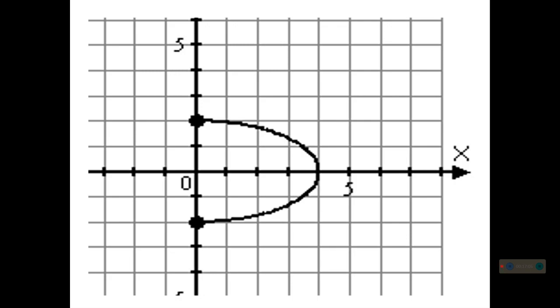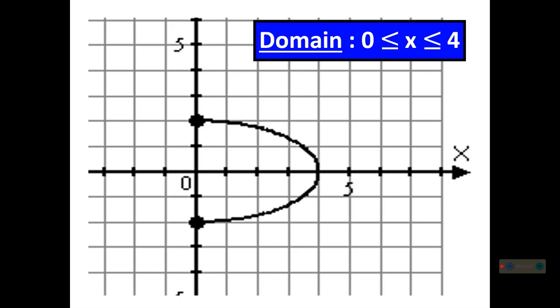Okay, how about this one? Again, we do not have any arrowheads. So you have here just a blackened or closed circle. So what will be our x here? Okay, so we have here, correct, x starts with 0 and ends with 4. So that's why x is greater than or equal to 0 but less than or equal to 4.